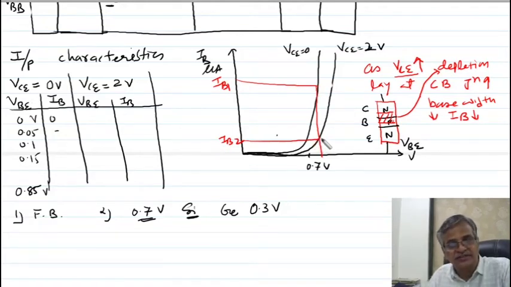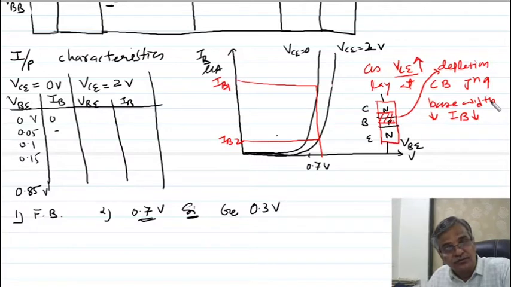The reason for this effect: as VC increases, the depletion layer at the collector base junction increases, because the collector is in reverse bias. As this depletion layer increases, the width of the base decreases.